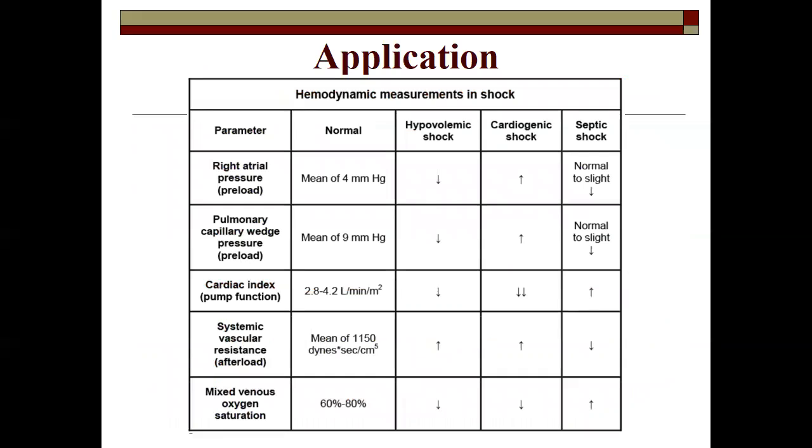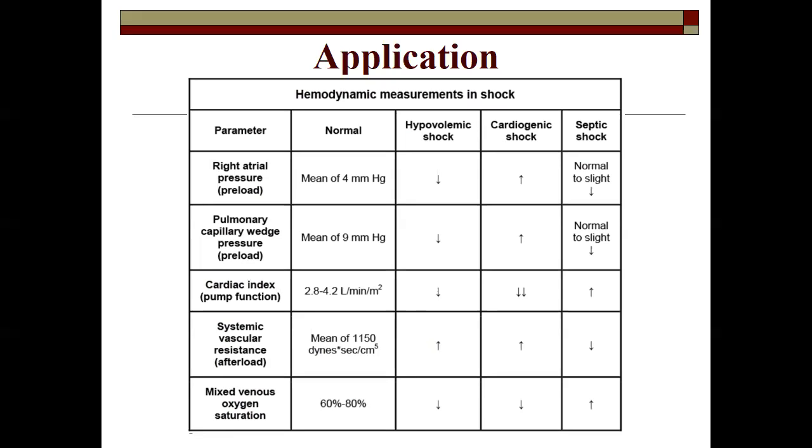All right. Why is all this important? The top part of this is really what I want to talk about. For a patient, we'll talk about the right atrial pressures first.